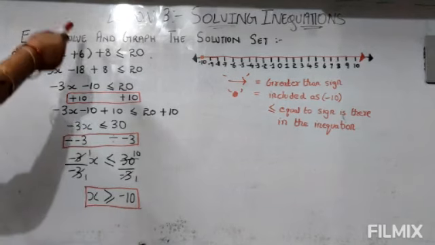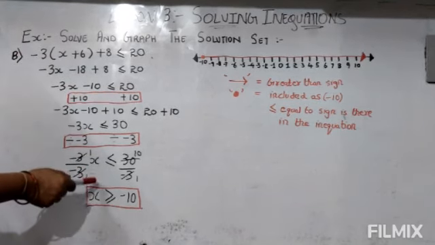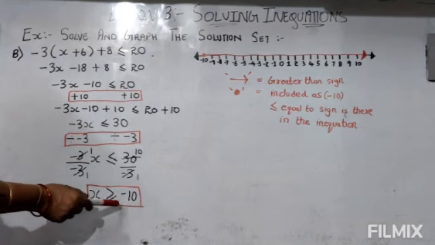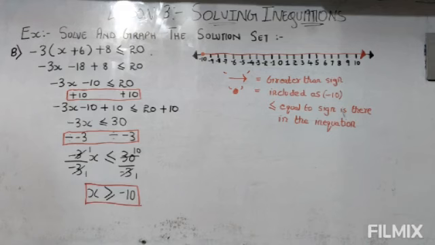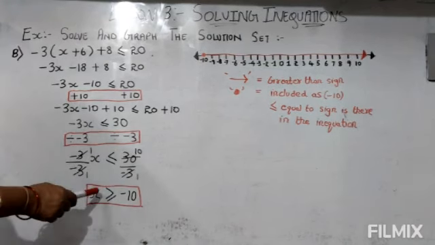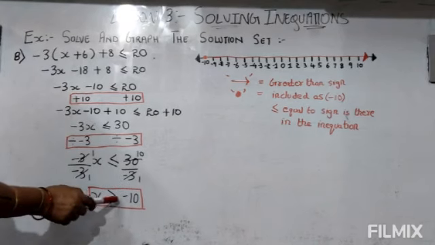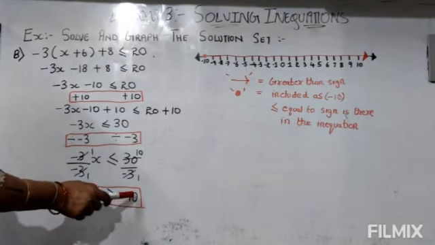You have to perform all these operations and finally you will get a negative number and the sign is changed according to the property of inequation. Therefore, here it was lesser than, x is greater than or equal to minus 10.